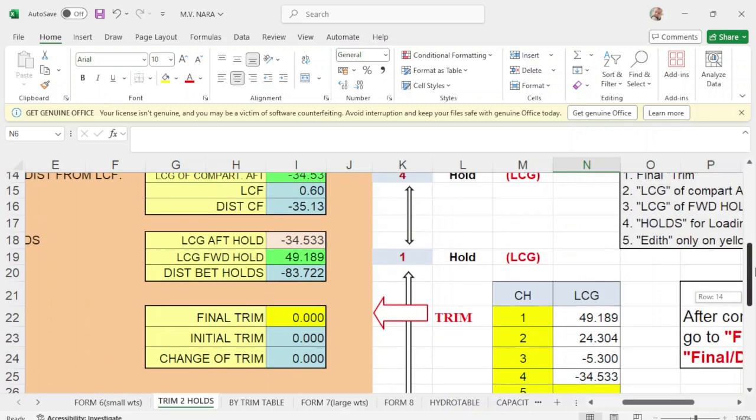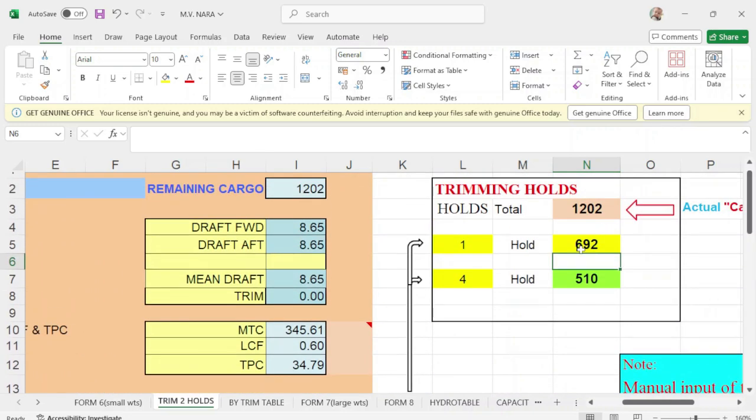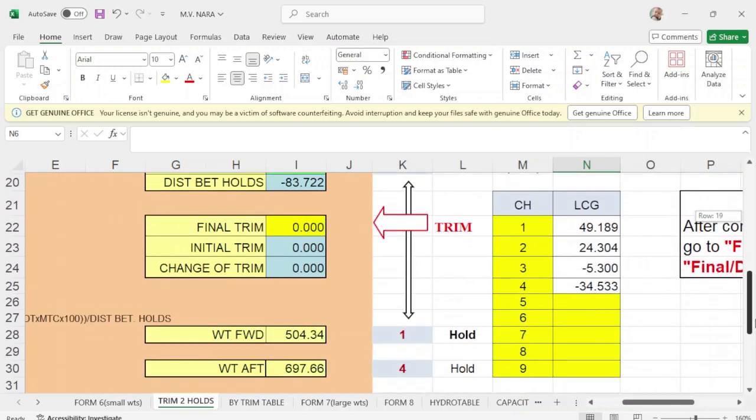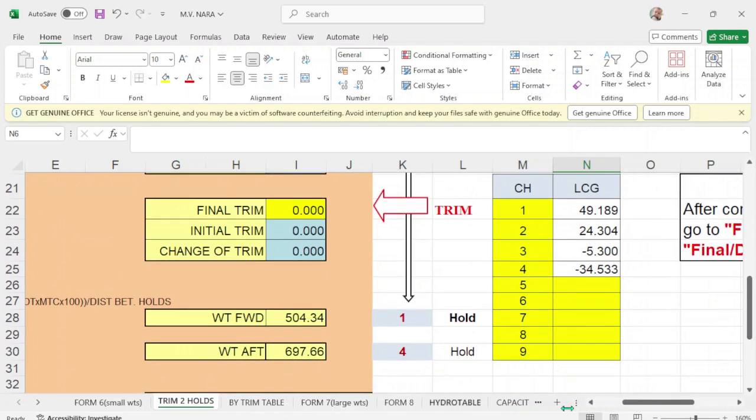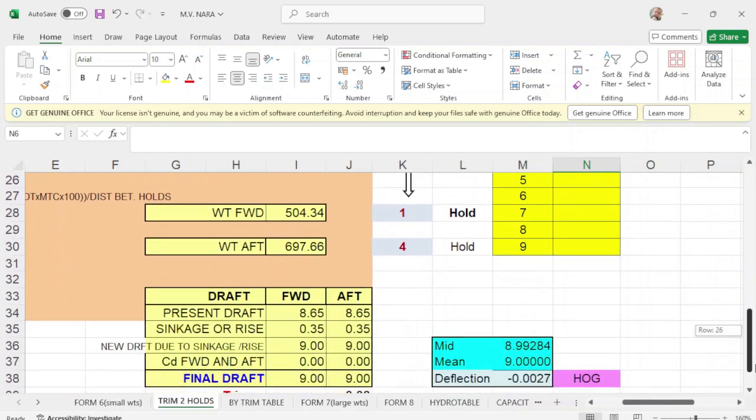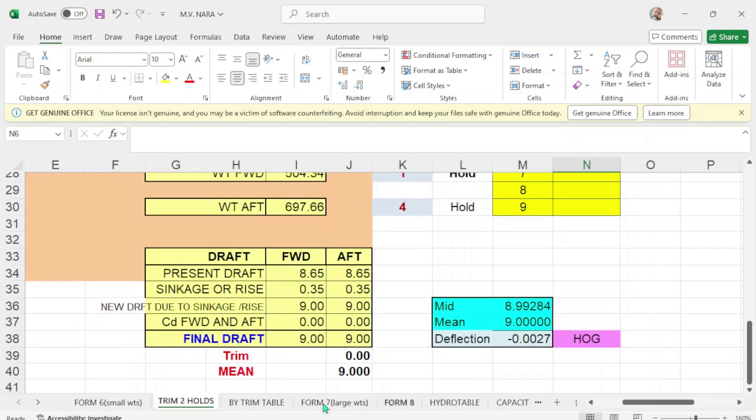Okay, so you put here 504, and number 4 will be 698. Okay, 698. Here, 698, and your departure drop will be 9 meters even keel.